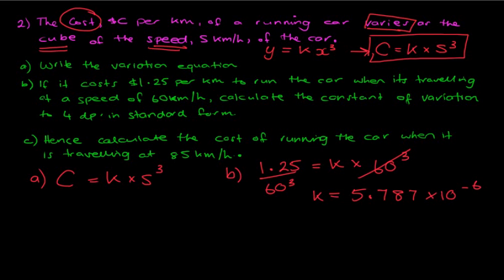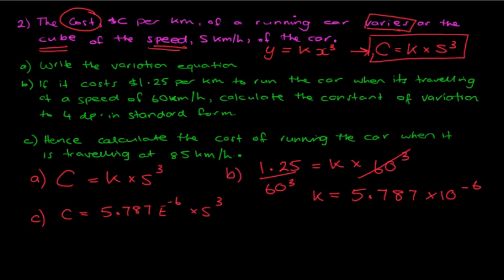Alright, so we've done part B, so last of all it says part C, calculate the cost of running the car when it travels 85 kilometers. Well, we haven't rewritten the formula yet with that k value in, so let's write that down. C equals 5.787 e negative 6 times s cubed.